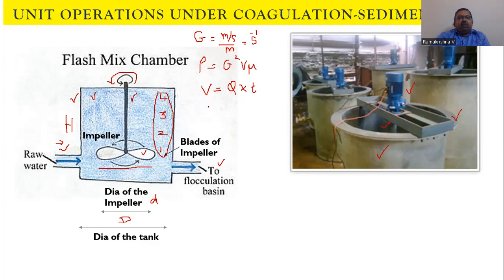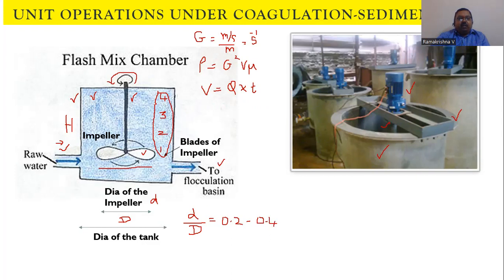The other important thing is the ratio of the diameter of impeller to the diameter of the tank. So d by D, you can see here, which is around 20 to 40%, or 0.2 to 0.4.